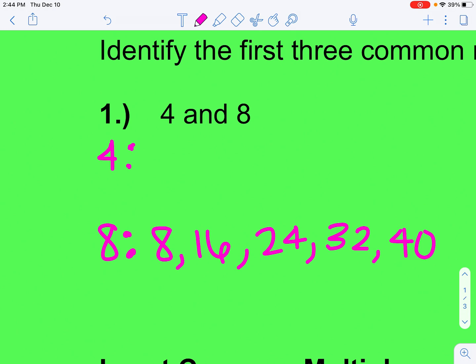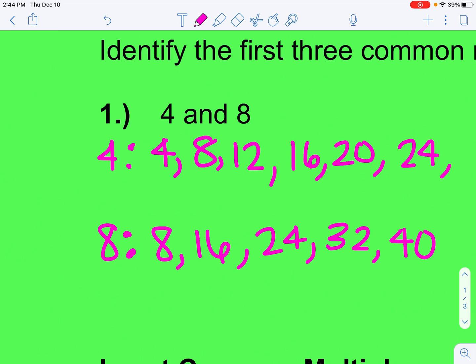Alright, I'm going to move that down so I have a little bit of room. Now let's do 4. 4 plus 4 is 8, 12, 16, 20, and then 24, and then 28, 32, 36, 40, and we'll stop there.